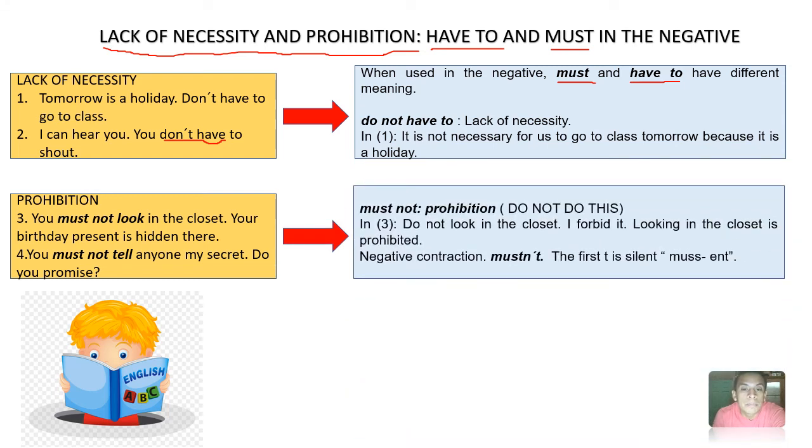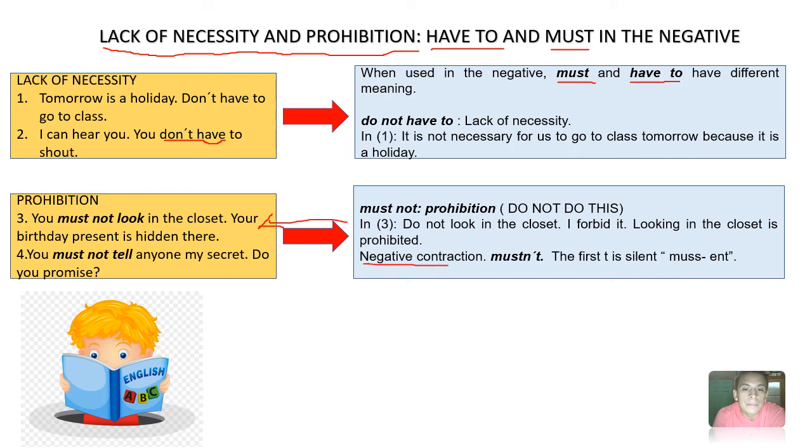Must not: prohibition. Do not do this. And in 3, we have do not look in the closet. I forbid it. Looking in the closet is prohibited.